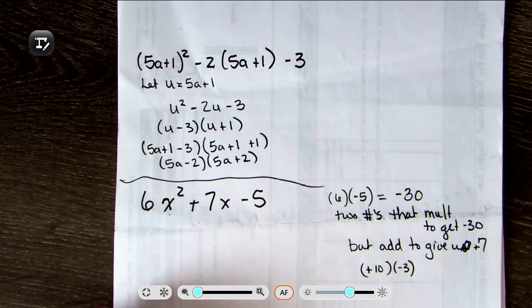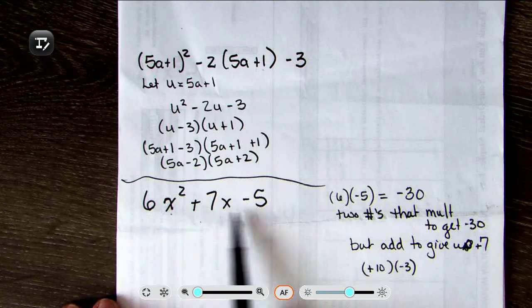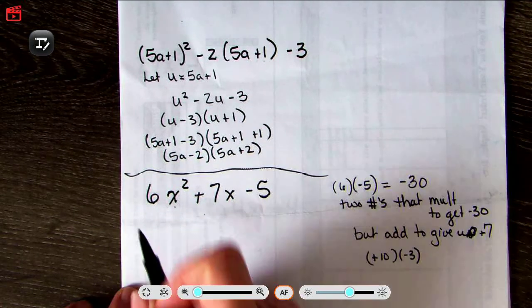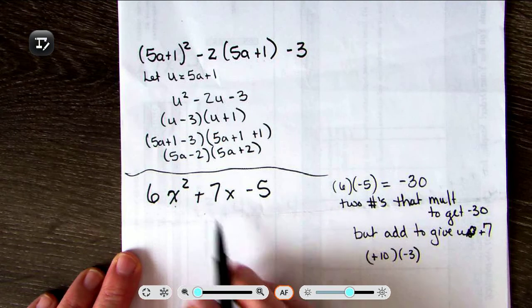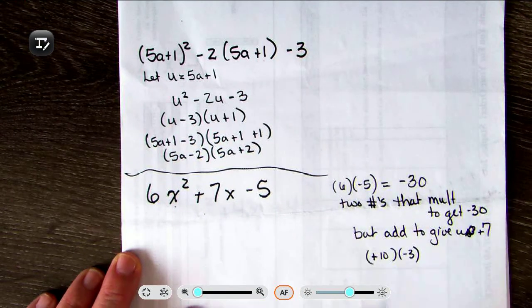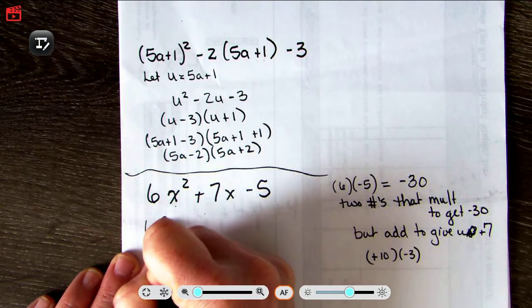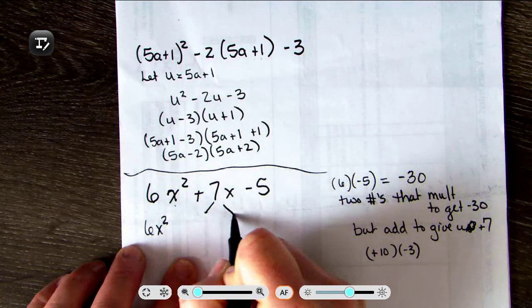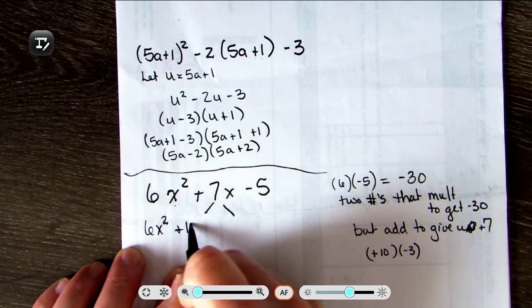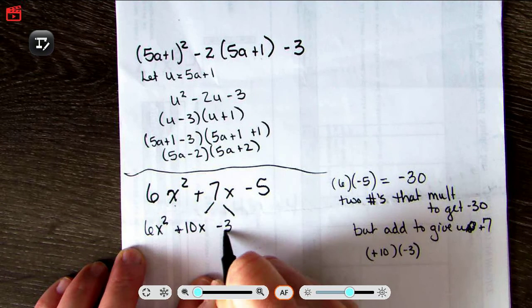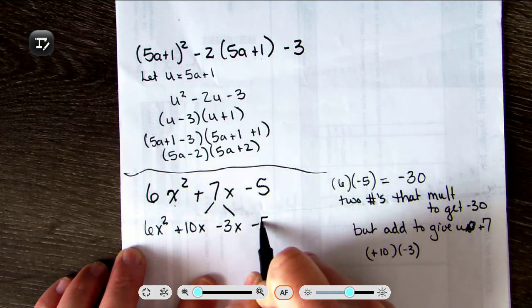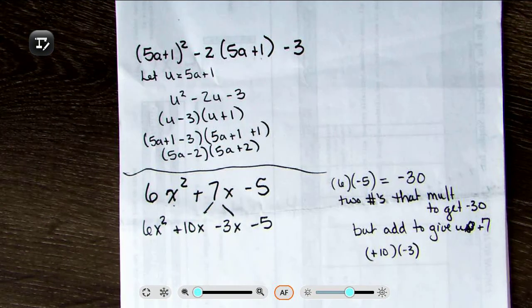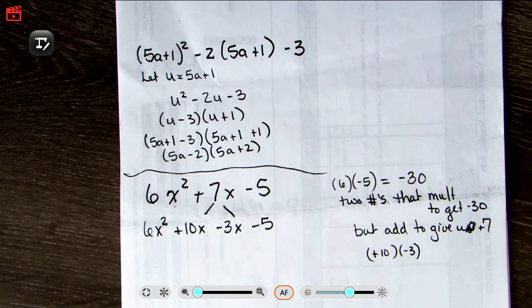Now I'm going to rewrite this equation with that 7 written in terms of 10 and the negative 3. So 6x squared, and I'm going to break this up into plus 10x minus 3x minus the 5. So I'm rewriting that 7 in terms of those two values.